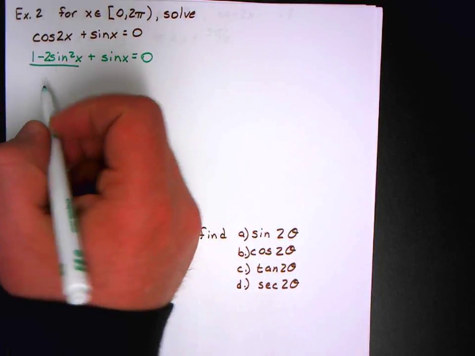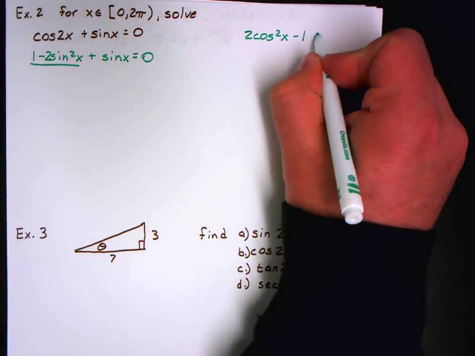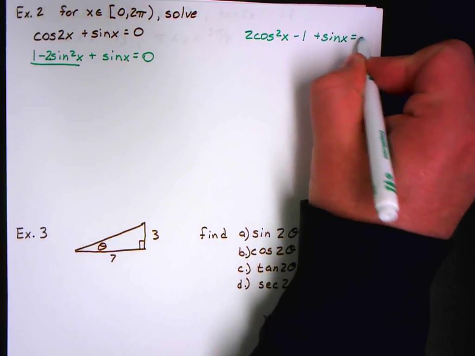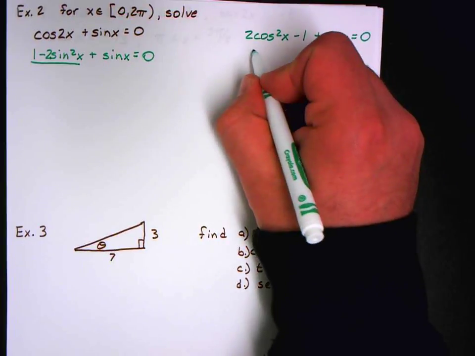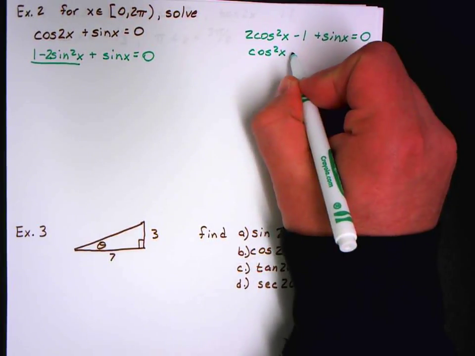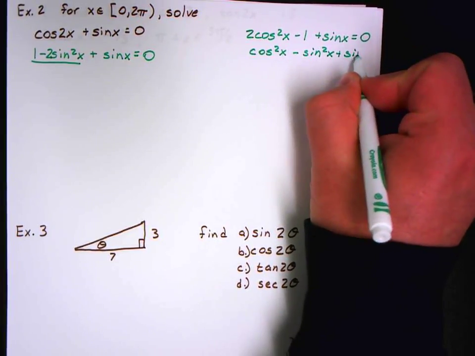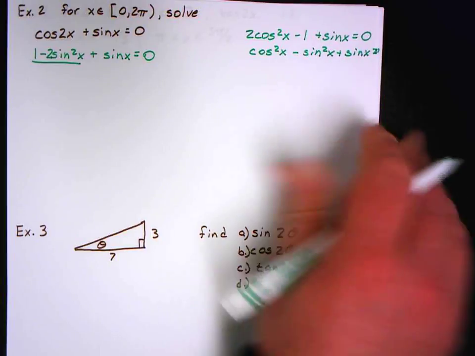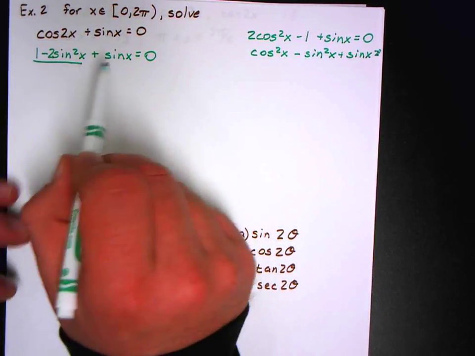And if I use something like this, I have no place else to go with that. And if I chose this one, I still have nowhere else to go with that, because I can't take out a sine unless everything has a sine. So this is the best choice.